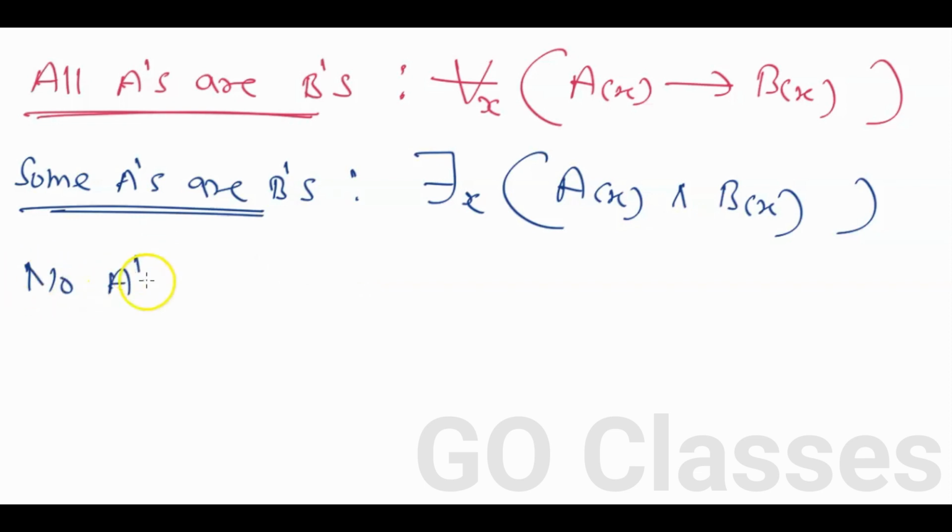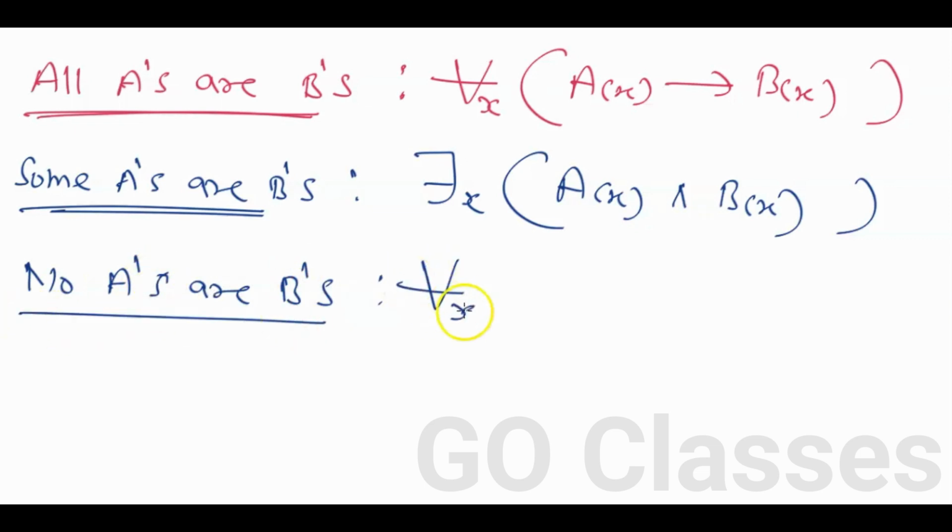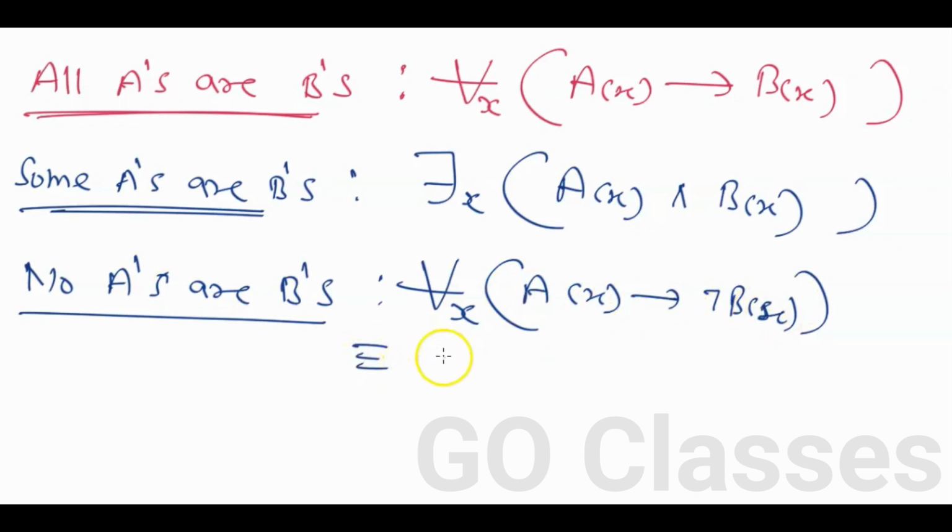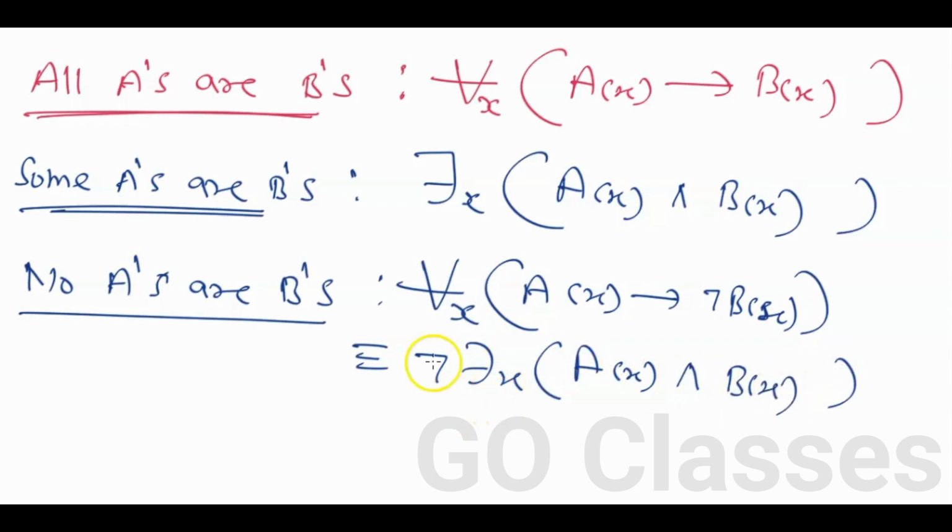Next, no A's are B's. It means for everyone we are saying that if you are A, then you are not B. And this is same as saying that there does not exist any A which is B. Next, some A's are not B's.